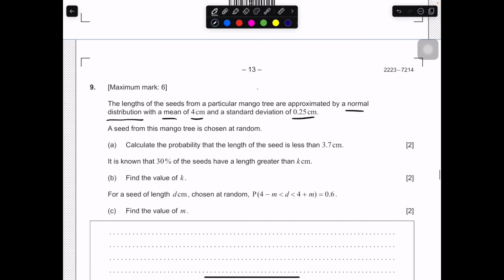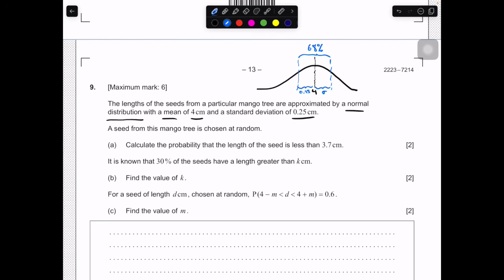So remember, when we're talking about a normal distribution, we have this bell curve, and it's symmetrical, and it's centered about the mean, which in this case is 4 centimeters. And we have this standard deviation, which is a measure of spread, and they're telling us that the standard deviation is 0.25. And not super necessary in this case, but remember, for our standard deviation, we have roughly 68% within one standard deviation, and then we have 95% within 2 standard deviations.